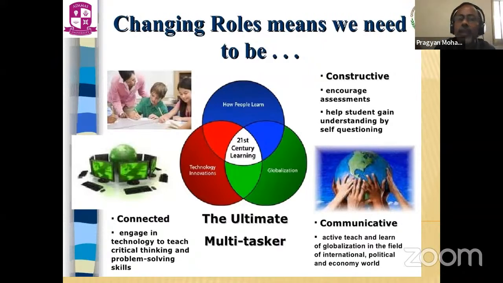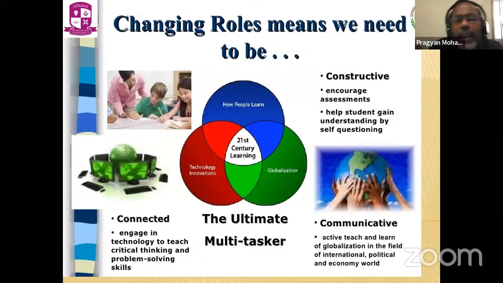Teachers are focused here in three ways, in three modalities: connected, constructive, and communicative. These are the three roles by which teachers are utilizing the globalization that I've already discussed, utilizing the different technological innovations and technological tools, and developing the ultimate learning of the students.